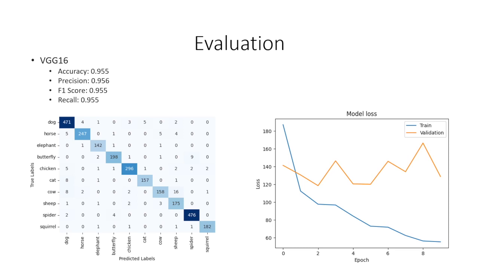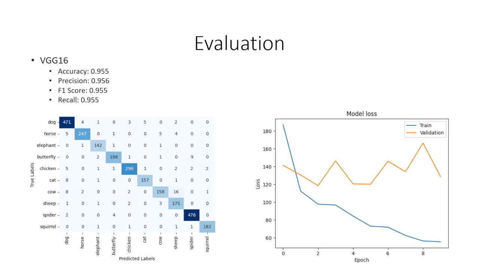You'll also notice that once again, dog gets confused with many other classes, more frequently than the others. This is most likely because dog is one of the most frequent classes within the dataset. Looking next at the model loss, you'll notice that the training data for VGG16 has an exponential decrease, while the validation set performs somewhat erratically.